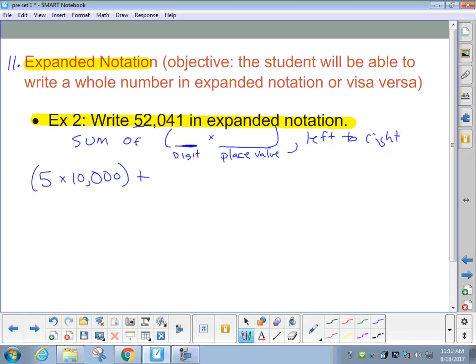So close that parentheses and add in the new place value. The next thing I come to is the 2. That 2, what's the value of that? Thousandths. I have 2 thousandths. Close the parentheses. You may leave zeros out. You can leave any 0 out.